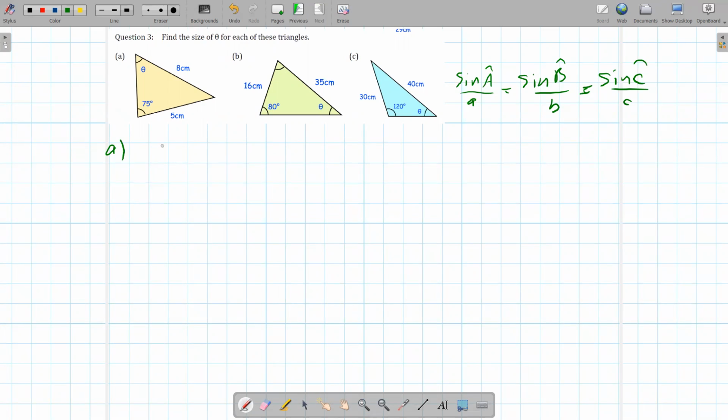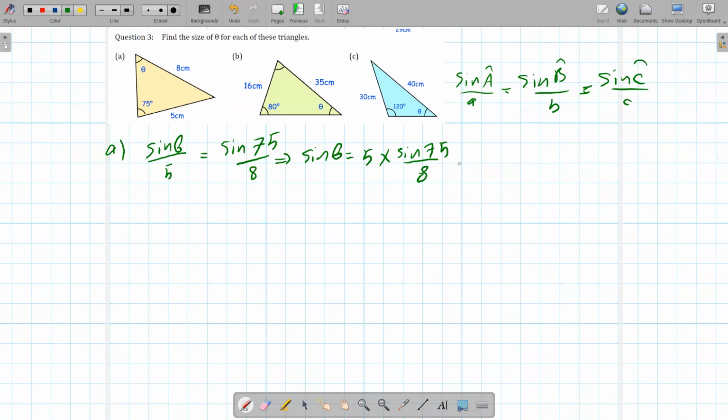We write sine theta over the opposite side, which is 5, equals sine 75 over the opposite side, which is 8. Then sine theta equals 5 times sine 75 over 8.